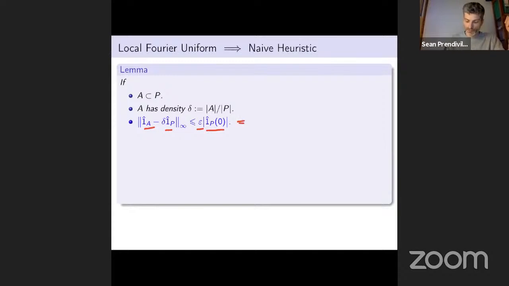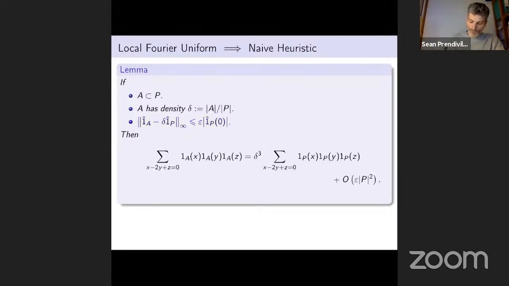This latter thing is the size of my ambient set. So you're an epsilon proportion of that. And then you can obtain this asymptotic formula. The number of 3-term progressions in your set is the density cubed times the number of 3-term progressions in the ambient set, plus an error term, which is epsilon times the square of the cardinality of the ambient set.